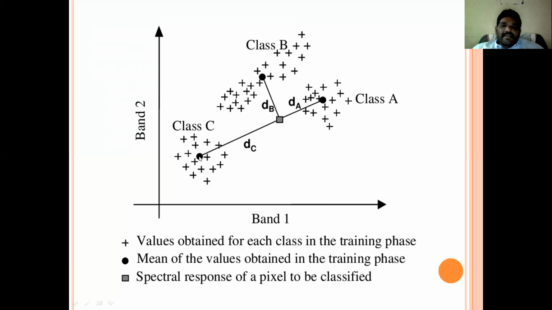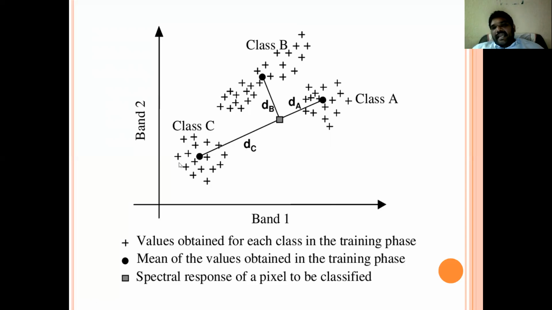What is this? It is the mean of the values obtained in the training phase. From wherever the pixel is unidentified, you will draw a straight line from the mean value digital number point to the unspecified pixel point.